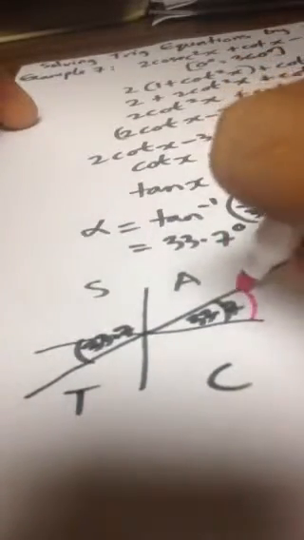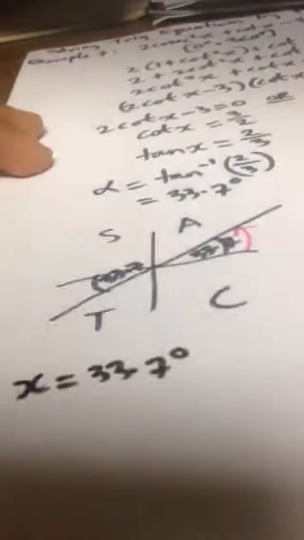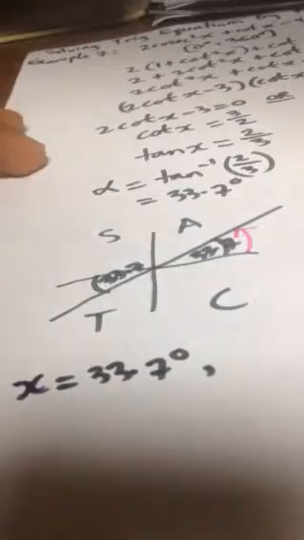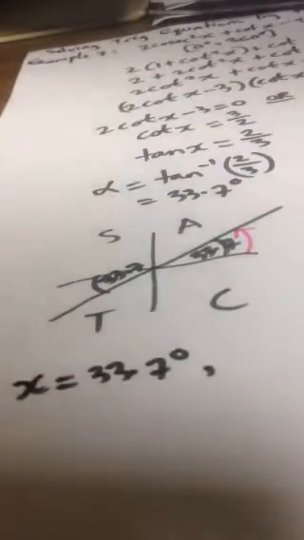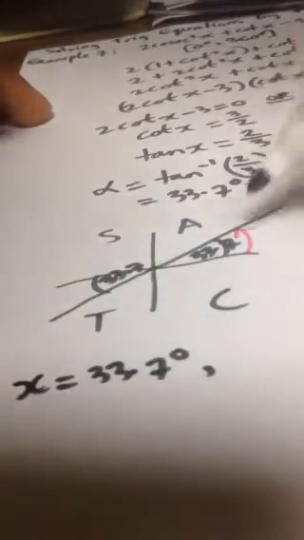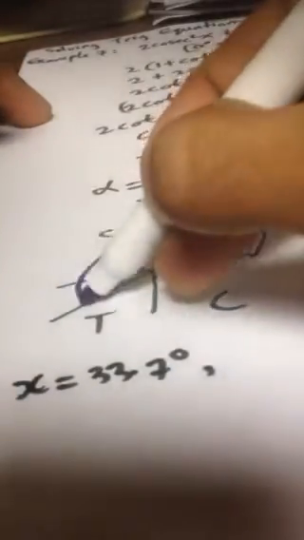Of course, our solution for x in the first quadrant is x equals alpha, which is 33.7 degrees, or in the third quadrant, so I'll just draw this angle all the way around there.